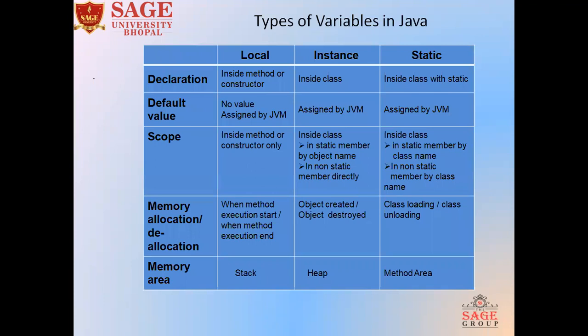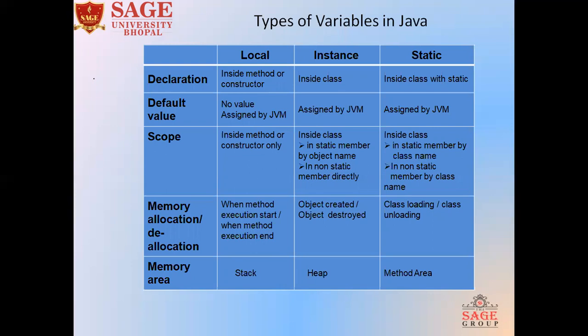Okay, students, this is the difference among all the types of variable. Number one, declaration. A local variable is declared inside a method or constructor or any block. An instance variable is declared inside the class but not inside any method.